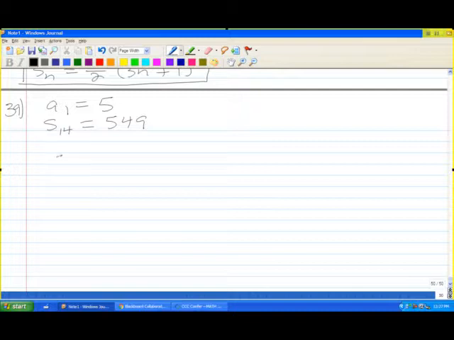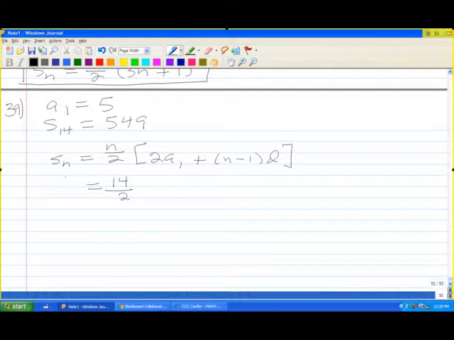So S sub n is equal to n over 2 times (2a1 plus n minus 1 times d). Okay. Let's plug in for n, 14. So the sum of the first 14 terms is 549.